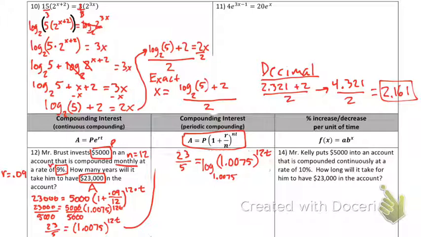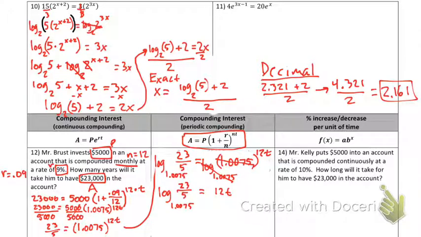That's going to be log base 1.0075. This log and this base cancel out, so we're left with log base 1.0075 of 23 over 5 equal to 12t.